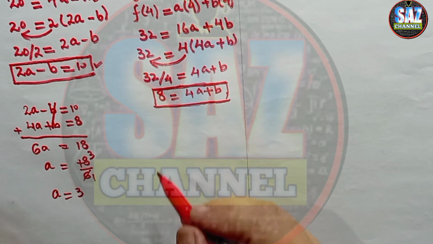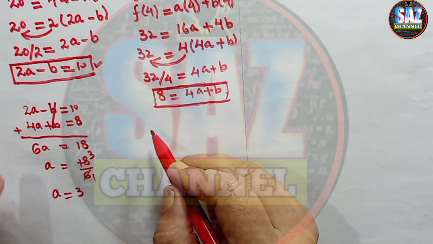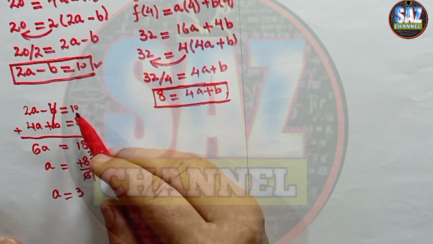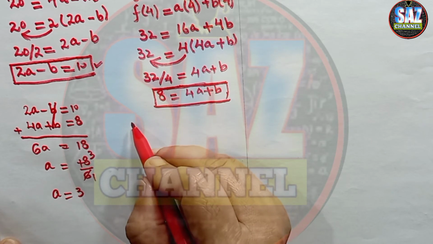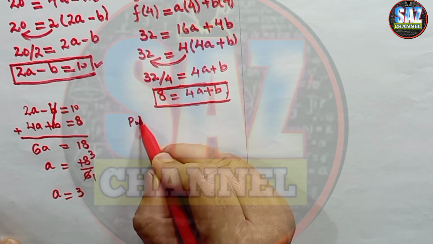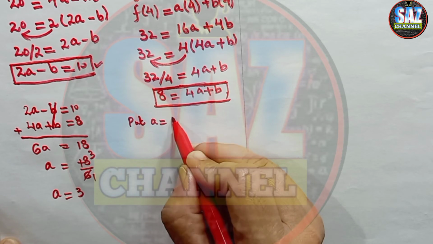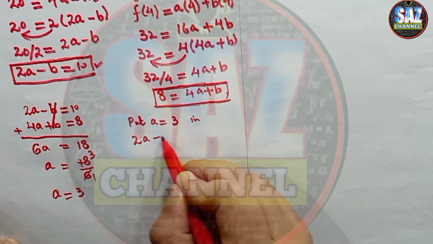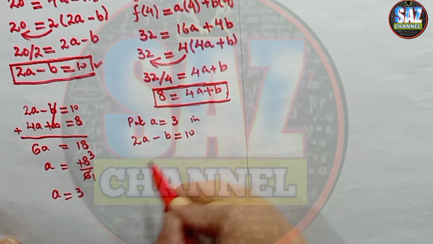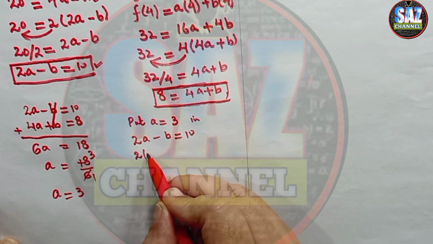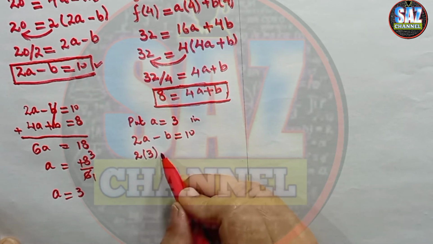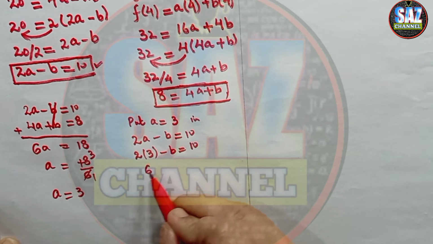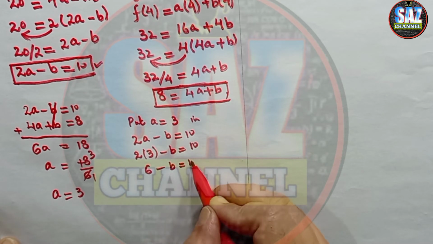And now the question says that we have to find the value of b. In order to find the value of b, we can choose any one of the equations, and I will be choosing the first equation. Put a equals 3 in 2a minus b equals 10, and instead of a replace 3. 2 into 3 minus b equals 10. 2 times 3 is 6, minus b equals 10.